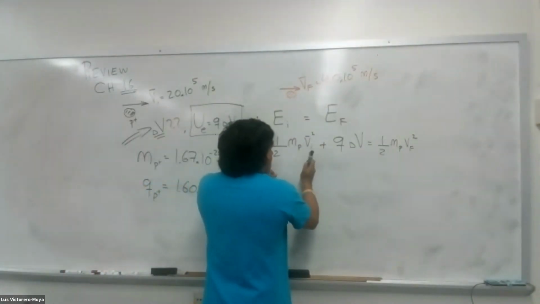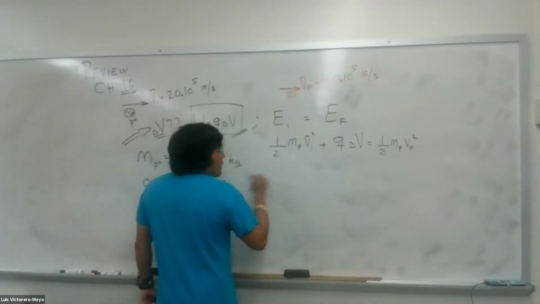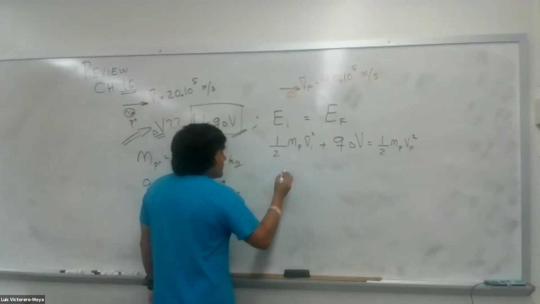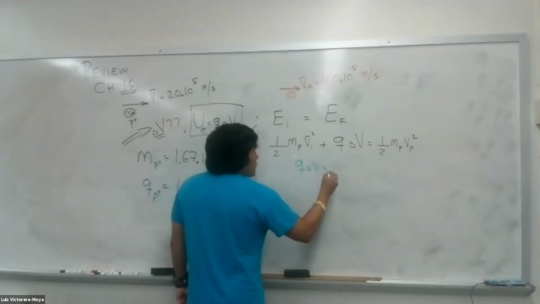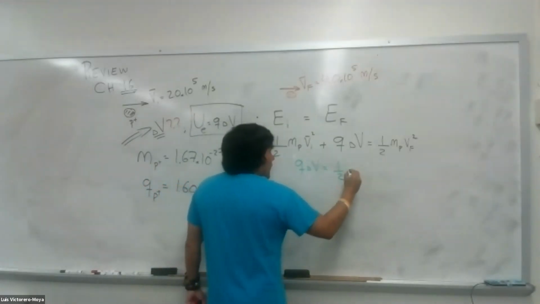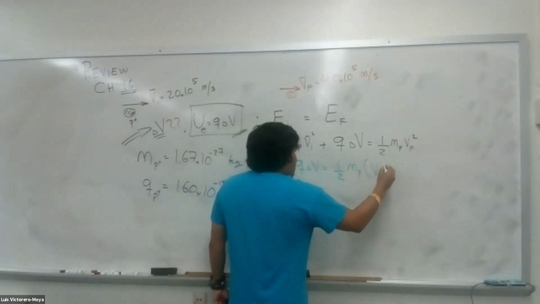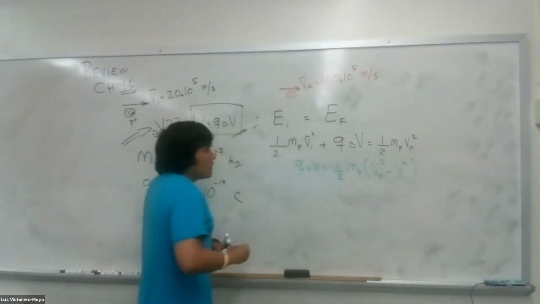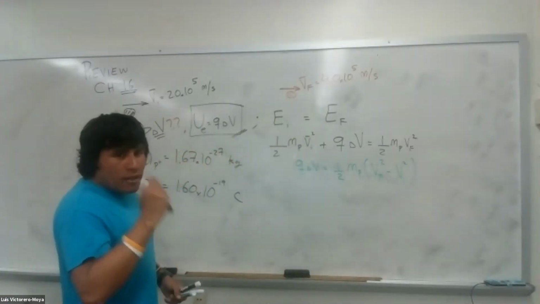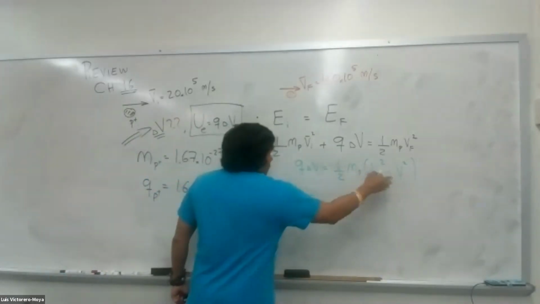You have to add this factor. Right? Well, let's put the numbers. In fact, let's be smart about it. Q delta V is equal to 1/2 m times V final squared minus V initial squared, right? I saw some people doing this in the first quiz. So good. That's basically what you have to do.